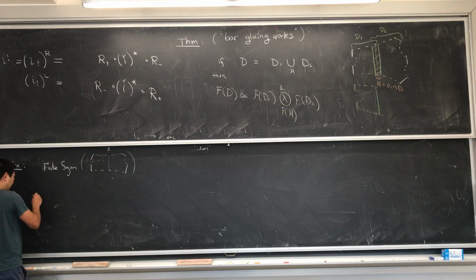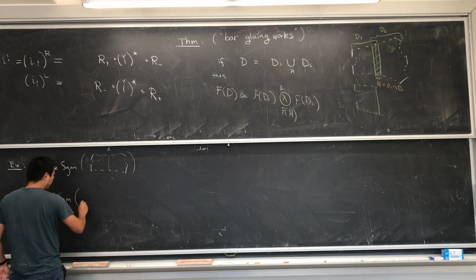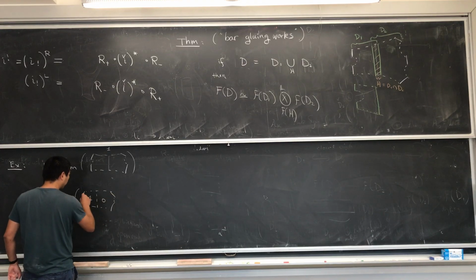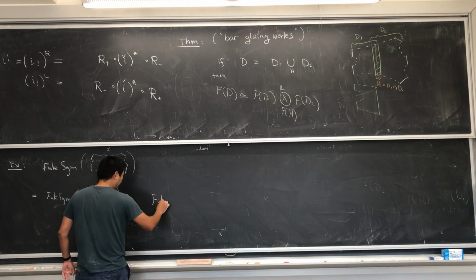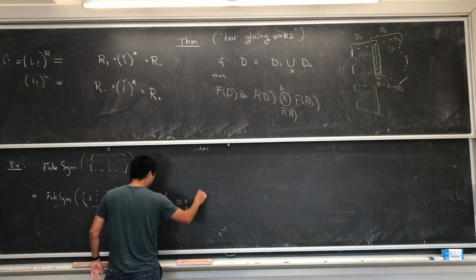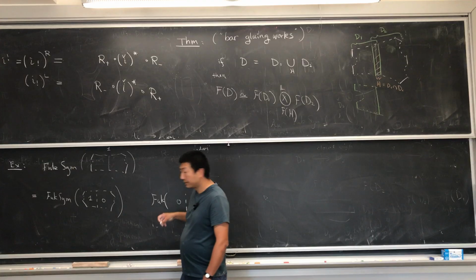And this can be written as just Fukaya (1,0) and Fukaya (0,1). Let's put one strand on the left or one strand on the right.